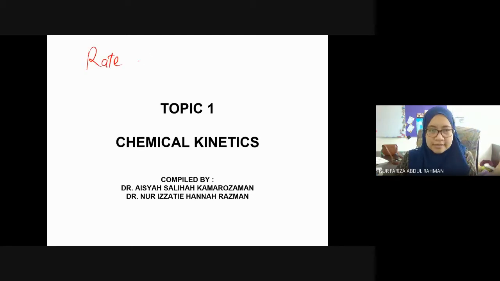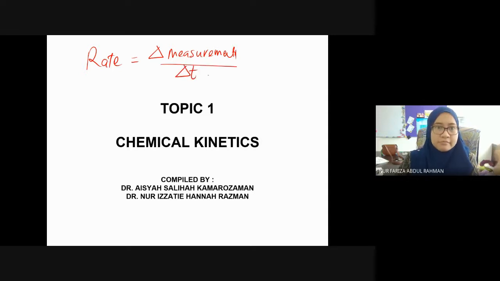So rate studies any change in measurement. Delta means change in measurement. The measurement can be anything, over change in time. For example, rate is the general term that we use to describe any change in measurement over change in time.